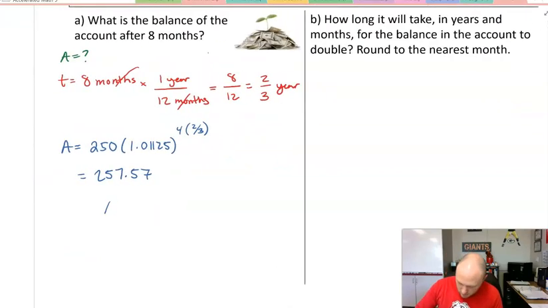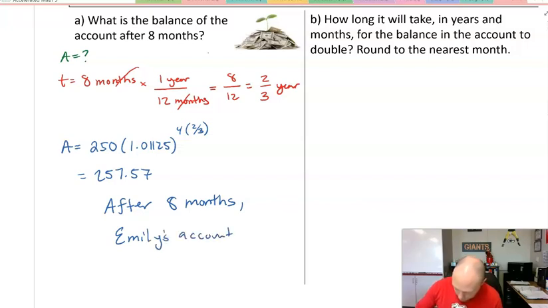Okay. So we'll say after 8 months, Emily's account will be worth, or have in it, $257.57.